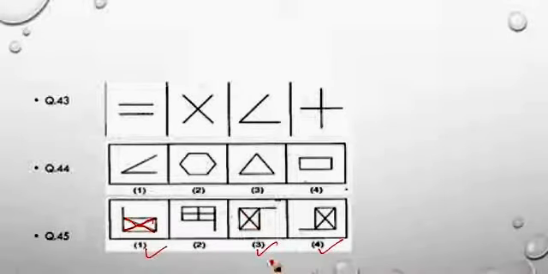Similarly, in the case of problem figure 3 also there is a cross, and in the case of problem figure 4 also there is a cross. But in the case of problem figure 2, the cross is not there, but the plus sign is there. So on the basis of the inside figure, we can say that the answer to question number 45 is 2.